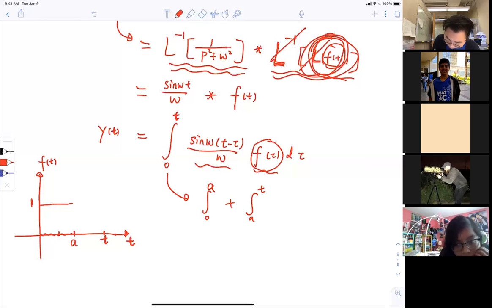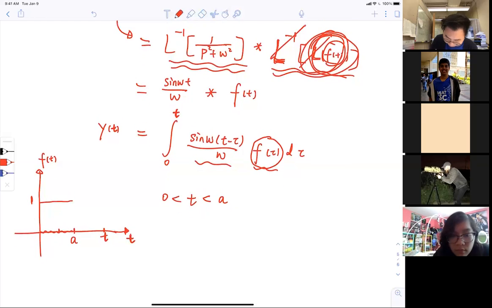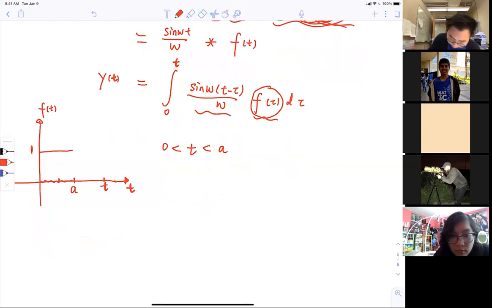From 0 to a, your f(tau) is 1. But from a to t, your f(tau) is 0. Meaning that we need to consider two cases. Basically, when t is smaller than a, this is our first case.